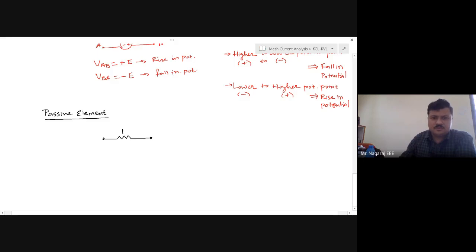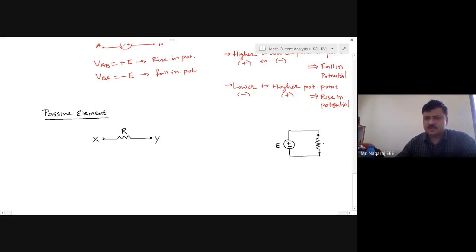Let this be R. Let me take different terminologies, X and Y. A and B I have taken for the source; for this sink, I will take X and Y. Now consider a very simple circuit where I have only one resistor and one source connected. This is the terminal polarity of the voltage source E.